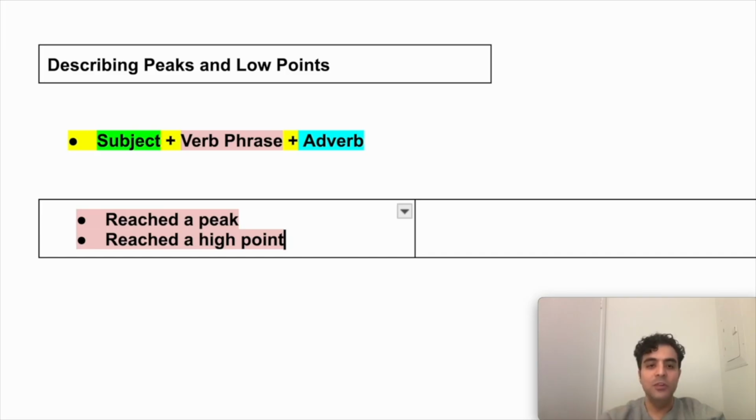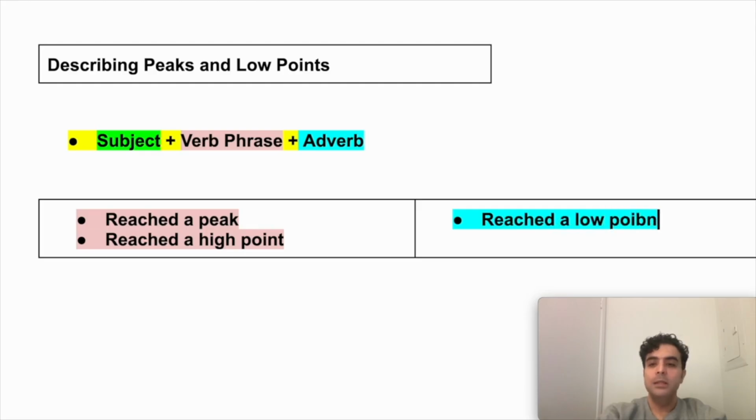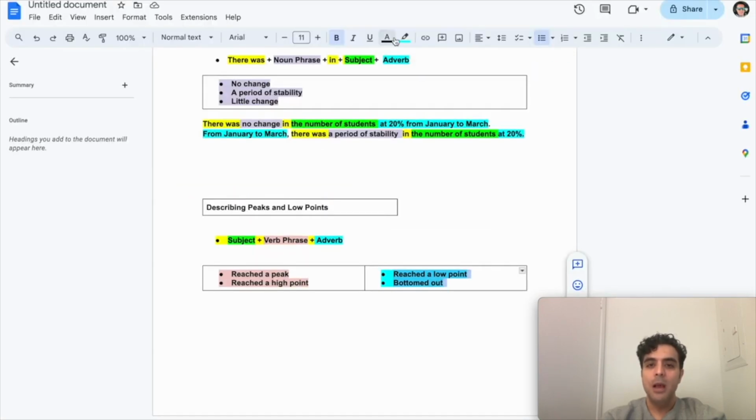So you just use the future tense instead, or will reach a high point. The opposite would be reached a low point, or you could use the structure it bottomed out, right? So the number of students reached a low point, or the number of students bottomed out. So these are the structures.